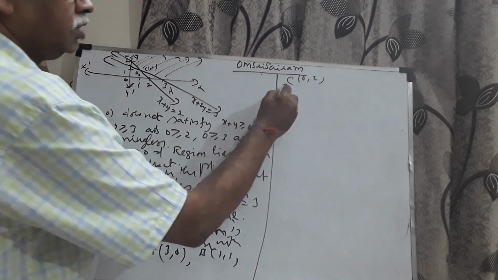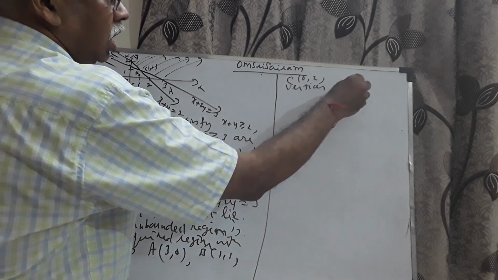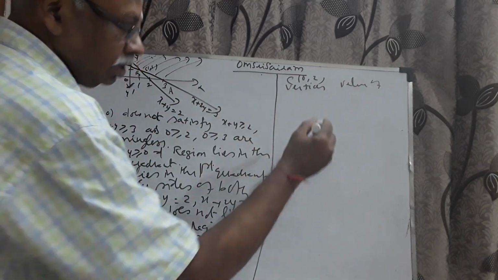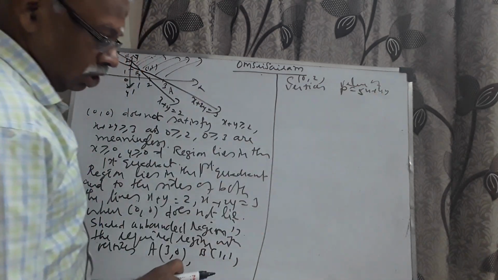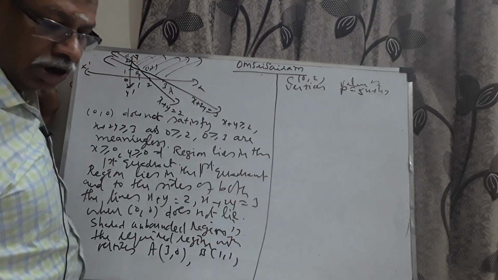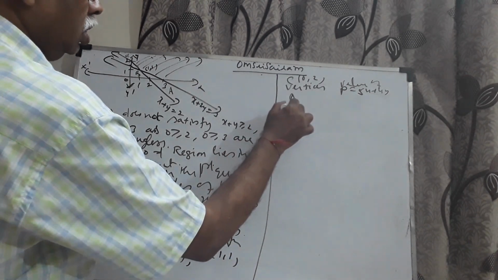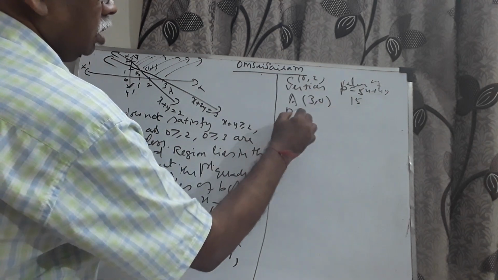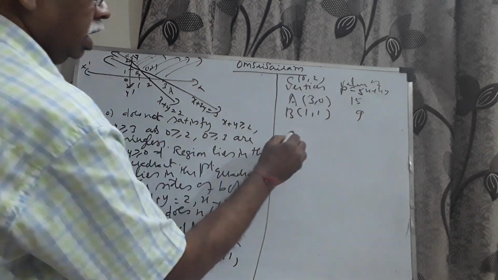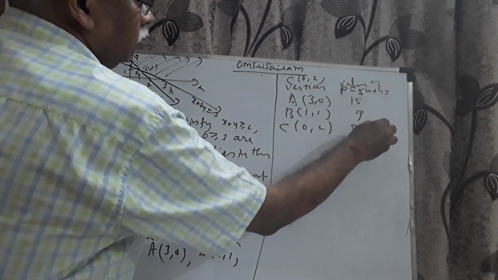Therefore, I'll make the tabular column: vertices, then value of the quantity P = 5x + 4y. P = 5x + 4y is what we call the objective function. At A (3, 0) it is 15. At B (1, 1) it is 9. At C (0, 2) it is 8. This is my minimum value.